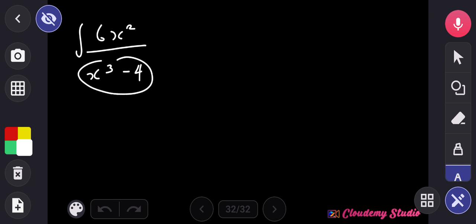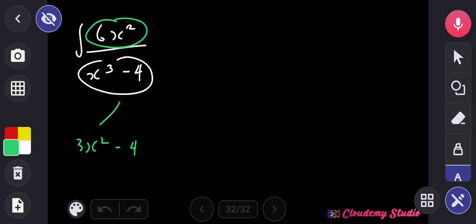What if you have something like, let me say, integrate 6x squared divided by x to the power 3 minus 4. In this case, how are you going to do that? If you look at it very well, if you differentiate this denominator, you are going to have 3x raised to the power 2, which means it is not equal to what is here.